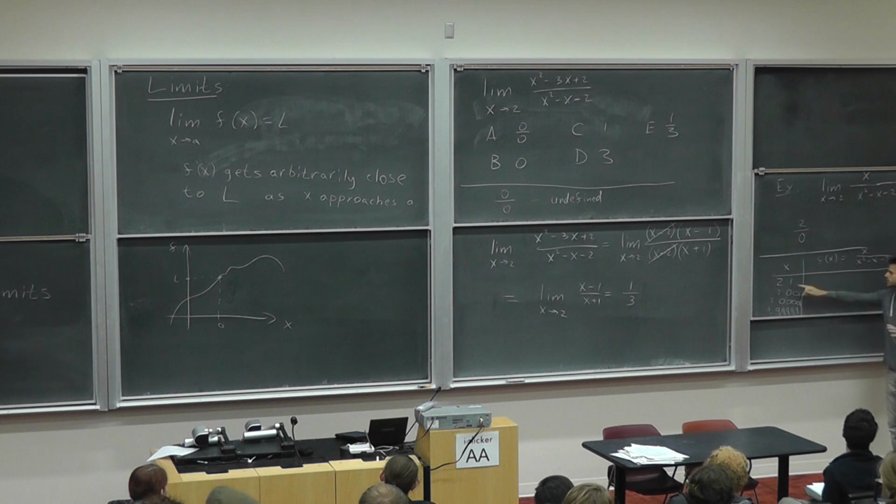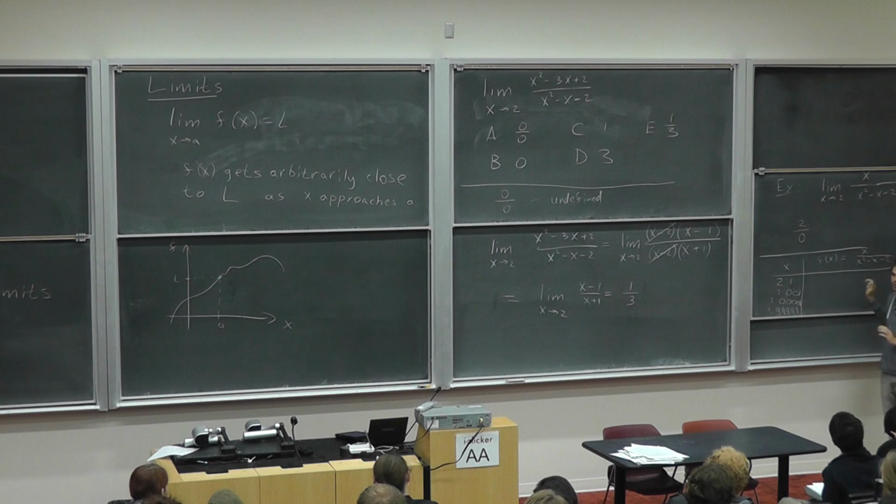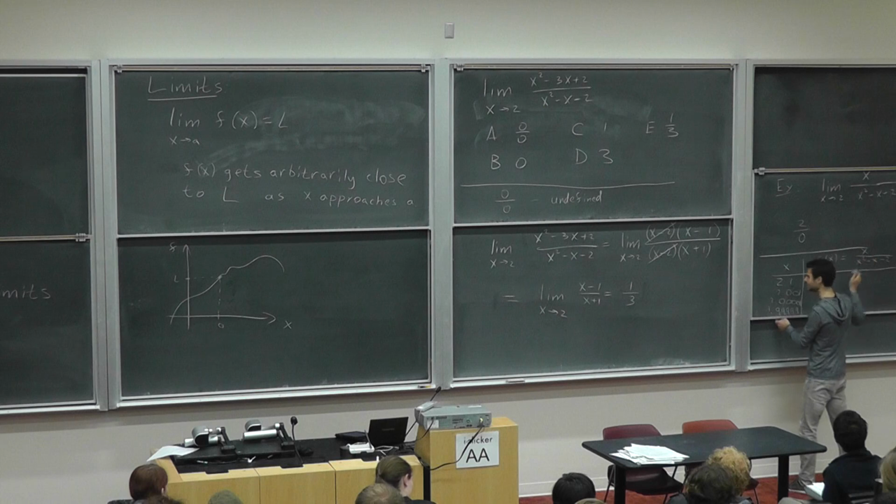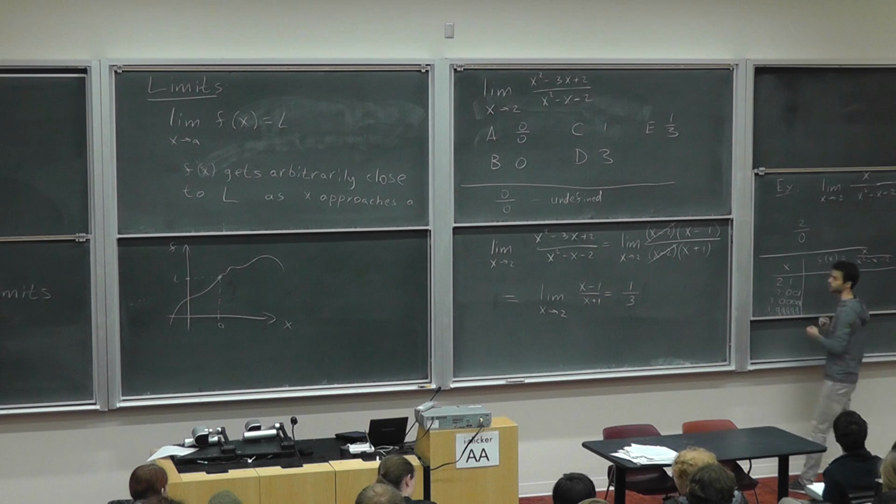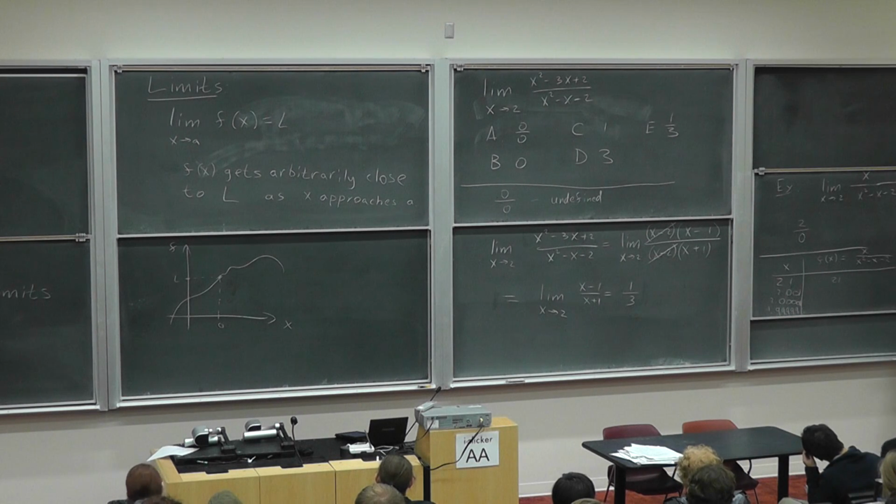Let's say for this value of x it's 0.1. And the numerator should be close to 2, so let's say it's 2.1. The quotient is going to be something like 21.